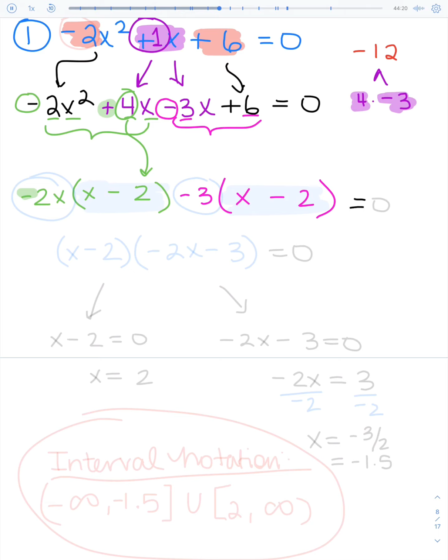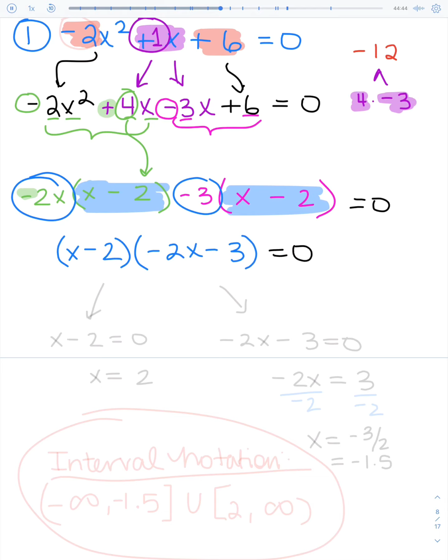And if you remember this from way back when, now that you have a matching x minus 2 here, you can factor out the matching x minus 2, which will leave you with the negative 2x minus 3. And again, this whole thing equals 0.